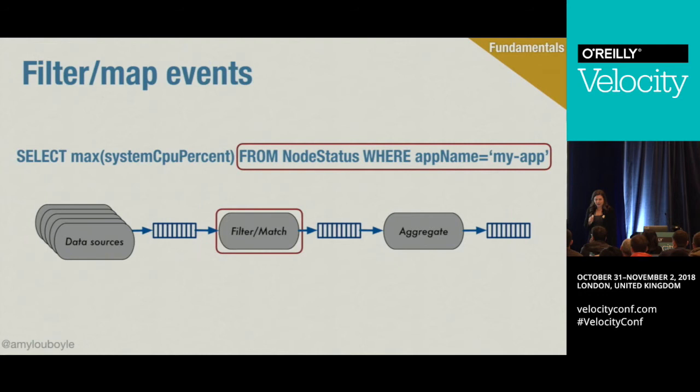Okay, so after we've got all our data on our first input topic, we're going to be reading in that data in our filter match service and matching each event to any registered queries. So we'll be looking at the event type and any filtering attributes. For each event, we're going to find any and all matching queries, and then we're going to tag that event with the ID of the queries it matches.